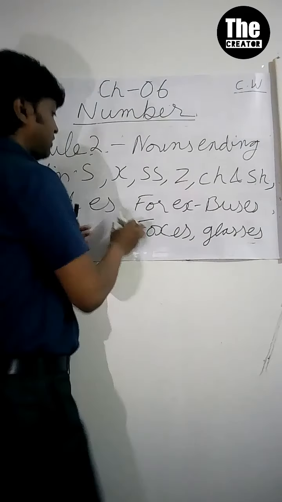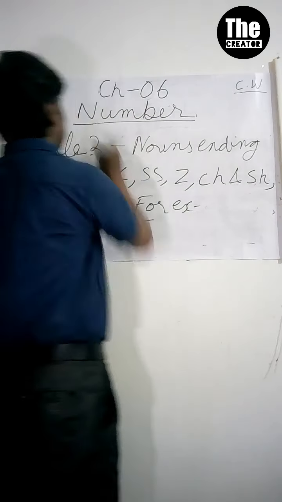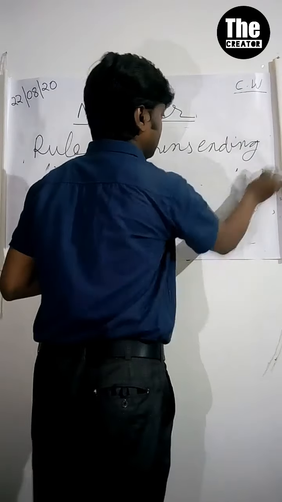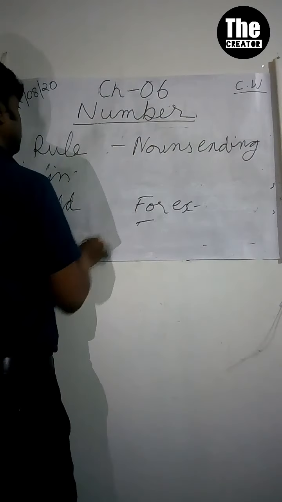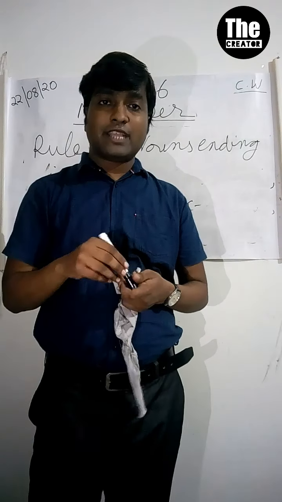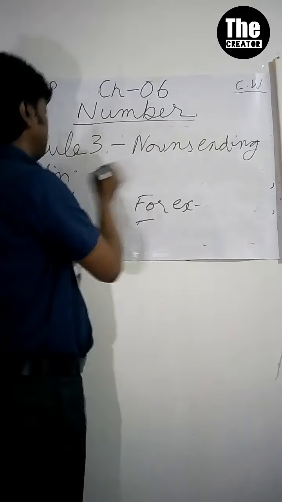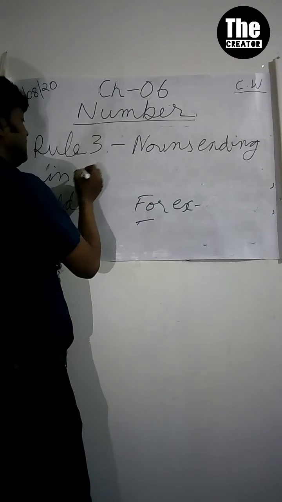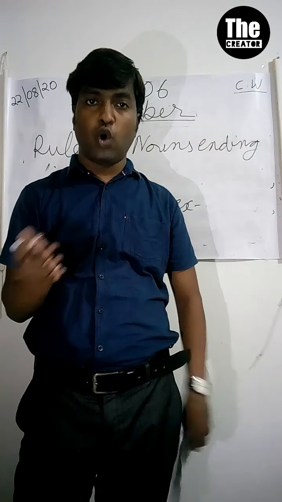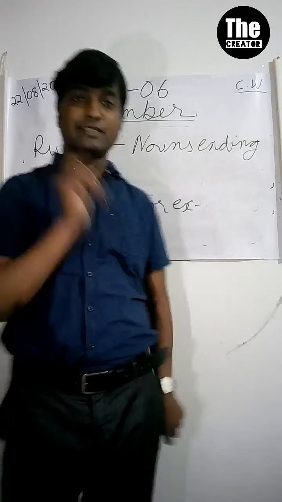Now if we talk about rule number 3, in rule number 3, some nouns ending in O. There are many nouns that end with O. Some nouns ending in O make the plural by adding ES.